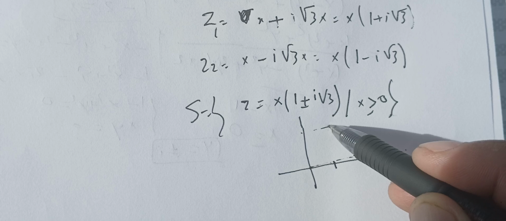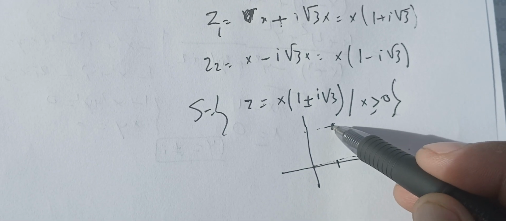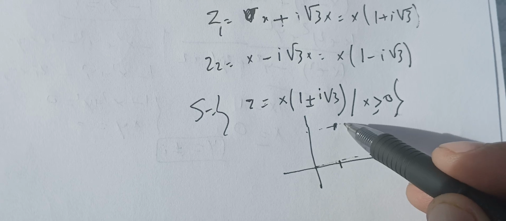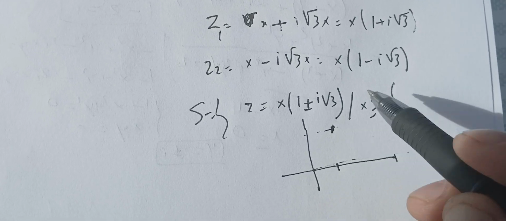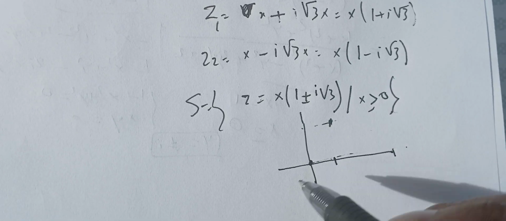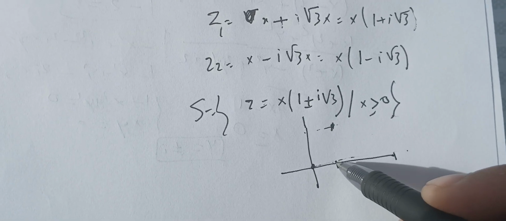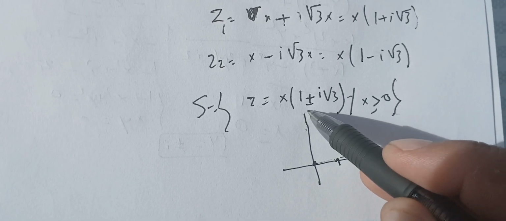This is z1 when x is positive. After that, we're going to magnify that one by this value. And therefore, in this case for x equal 0, we are here. When x is 1, we are here. When x is 2, we are here.